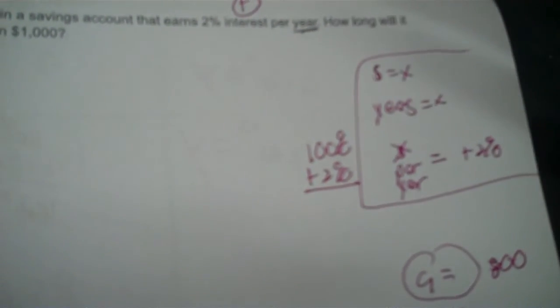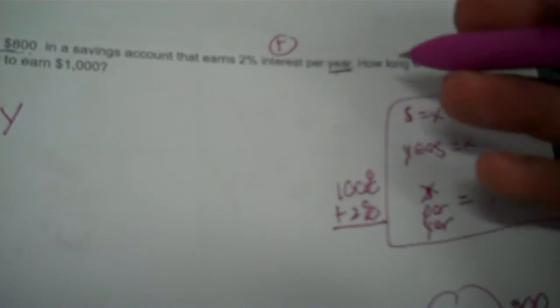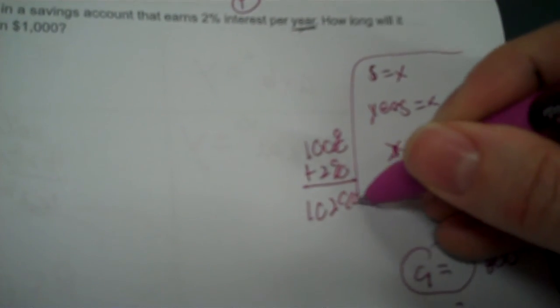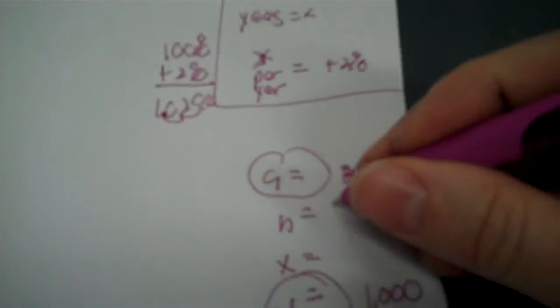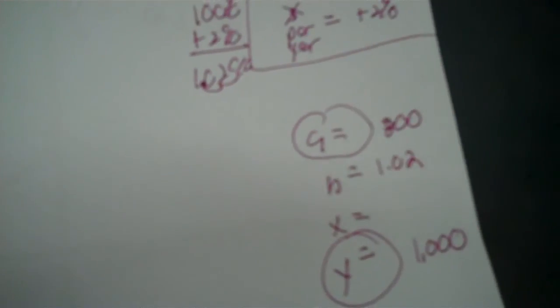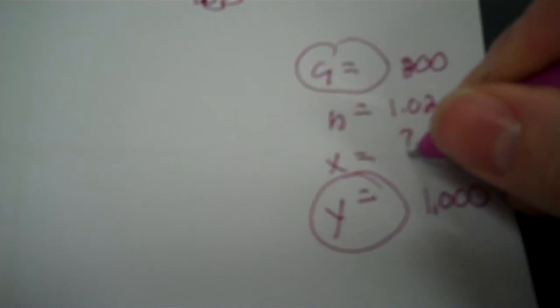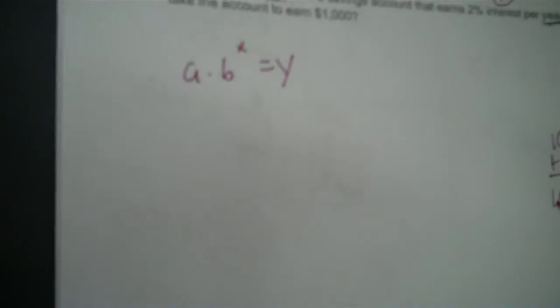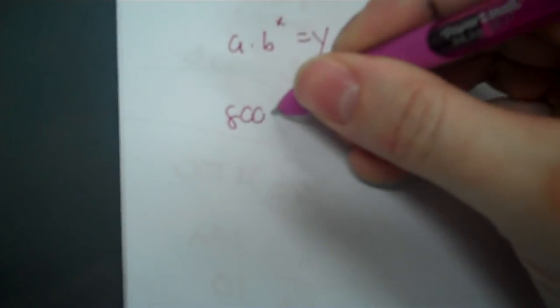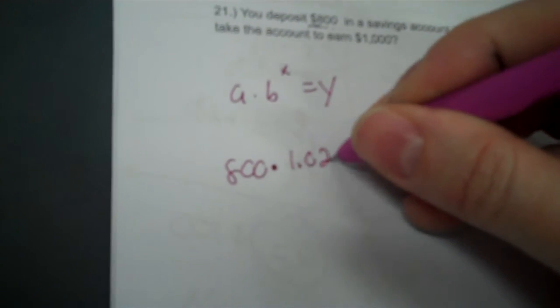You got to add or subtract it to 100. In this case, add. Move the decimal twice, and that's 1.02. Okay, x we don't have, okay, because that's the answer. So question mark, so we just leave the x the way it is. So a is 800. B 1.02 to the x power, and then y is 1,000.